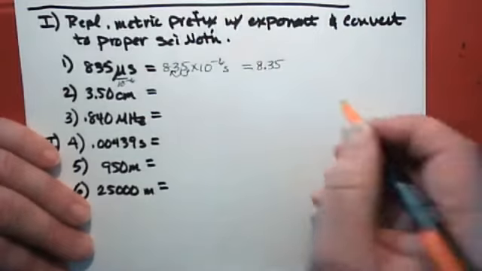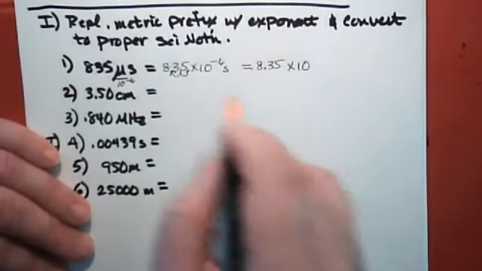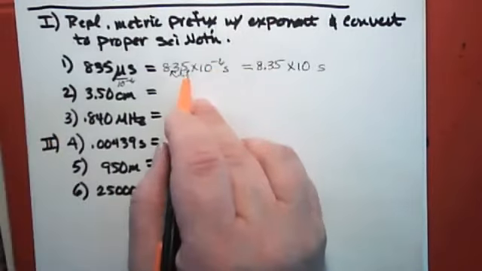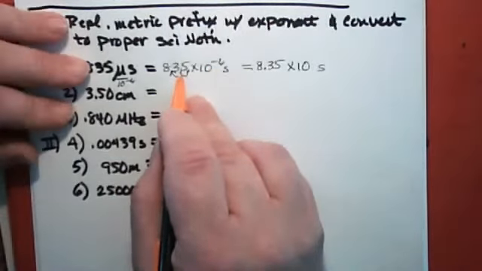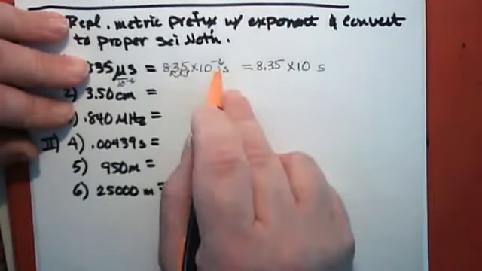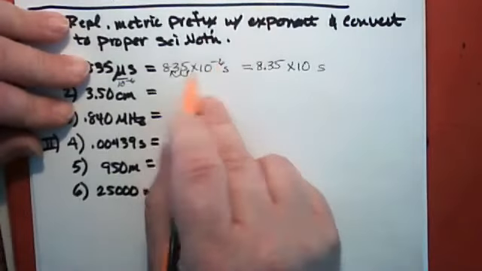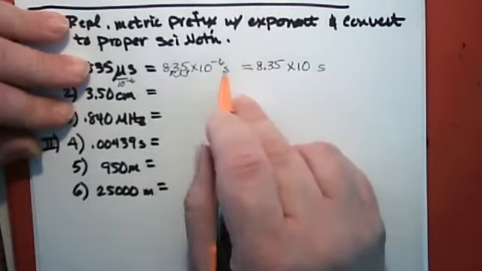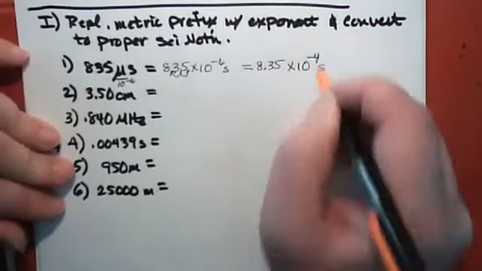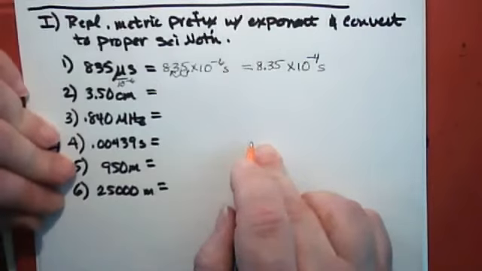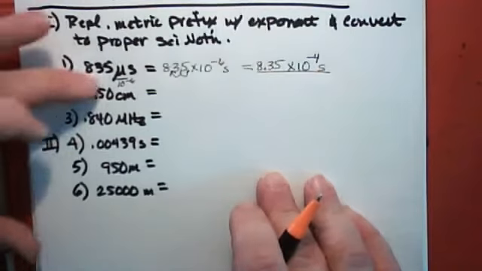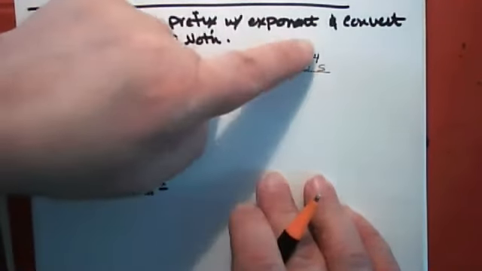So that's 8.35 times 10 to some power, and it's -6 to begin with, but we've moved the decimal point 2 places in the direction that makes the first part of the number smaller, so we have to make the 6 bigger by 2. So we count up from -6 to -5 to -4. So 8.35 times 10 to the minus 4 would be the proper scientific notation for 835 microseconds, also using the base unit.